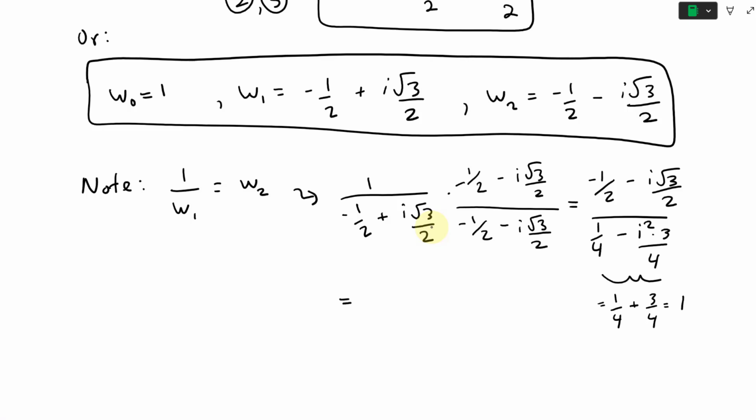So this just equals the top. So this equals negative 1 over 2 minus i times the square root of 3 over 2, and that's just this one right here. That equals W2. Again, just confirmed it there.